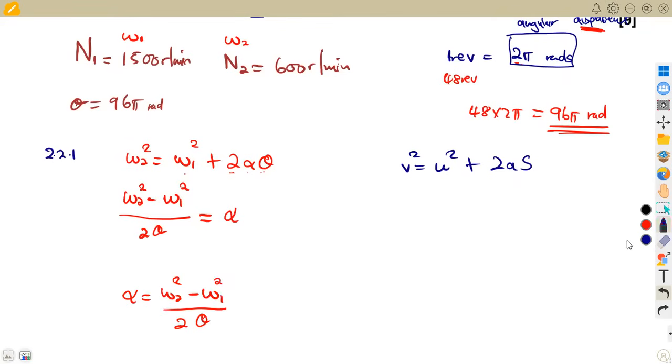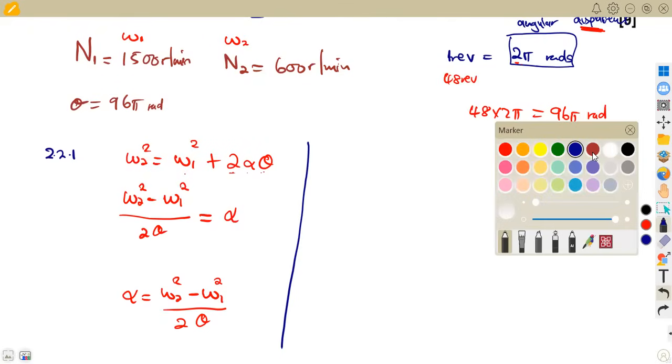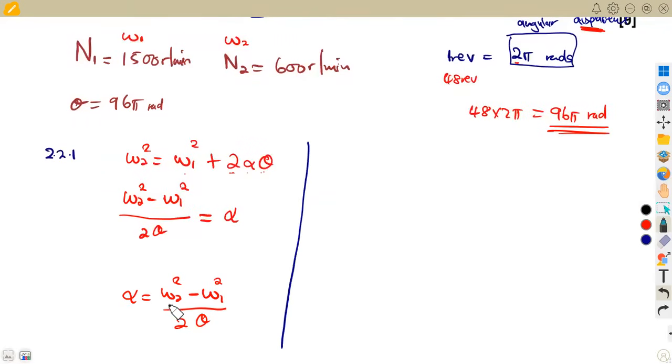If we check the substitution part, it's going to be very difficult for us to work with these speeds, because we are squaring our values. So we do not have an option. Let us convert our values to rad per second.